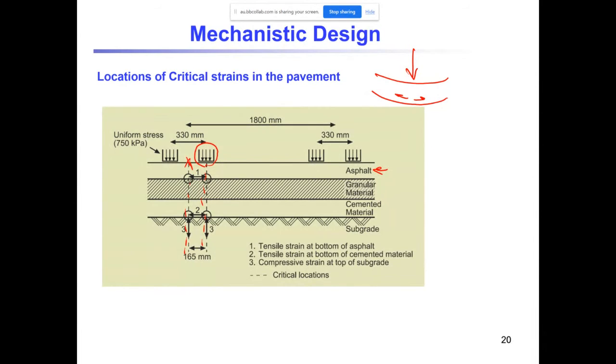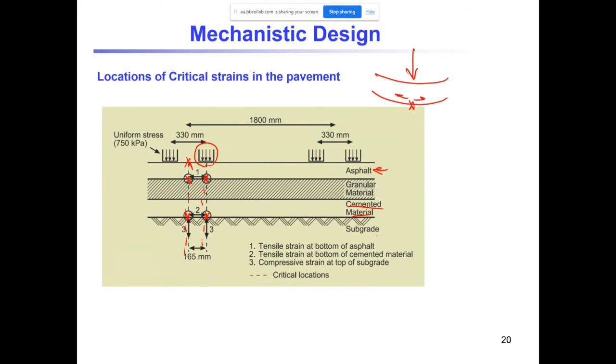So the maximum strain is at the bottom of the bound material. That's the reason we need to determine the strain at the bottom of the asphalt layer. The same thing for cemented material. Again, cemented material is a bound material. We need to determine the horizontal strain at the bottom.